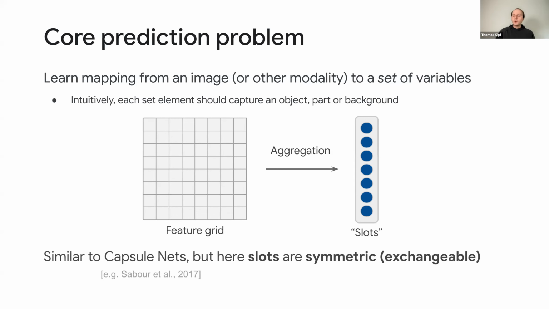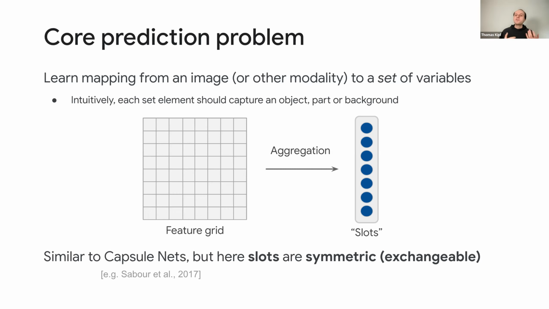And so this is quite similar to capsule nets, if you remember them from a couple of years ago. But here, the slots are really symmetric, exchangeable. So in capsule nets, every capsule, and you also do routing to learn these capsules, has a particular meaning, like a particular category, like one capsule for a dog or one capsule for a house.